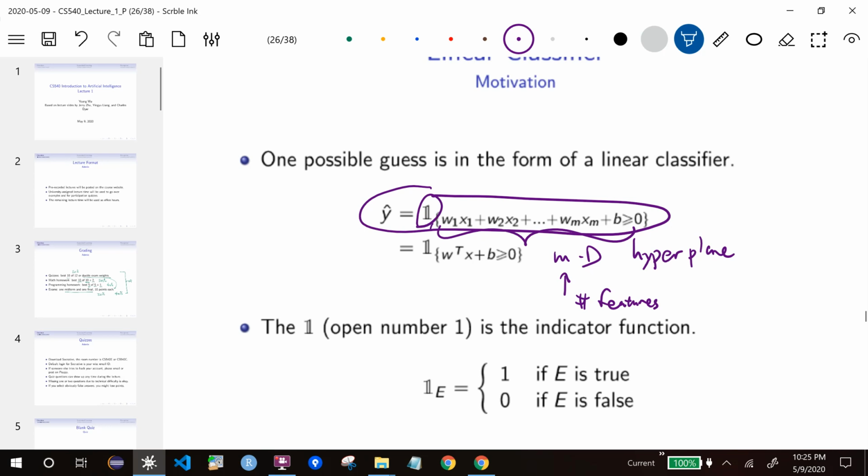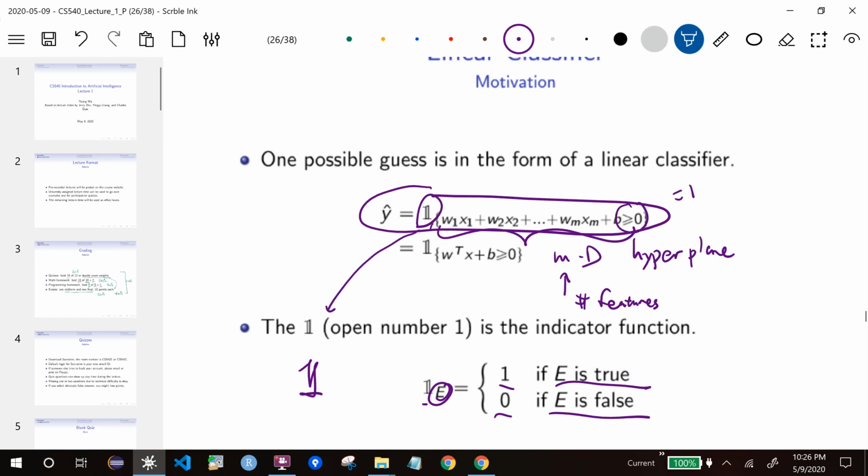The indicator, as I talked about, is a mathematical function. I usually write this as an open 1. It says if the thing here is true, then it's 1. If it's false, then it's 0. So when this is indeed larger than 0, this function returns 1, and otherwise it returns 0.